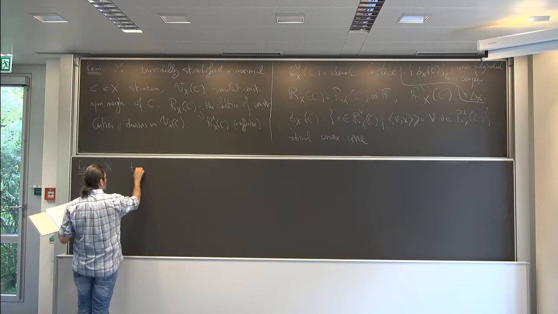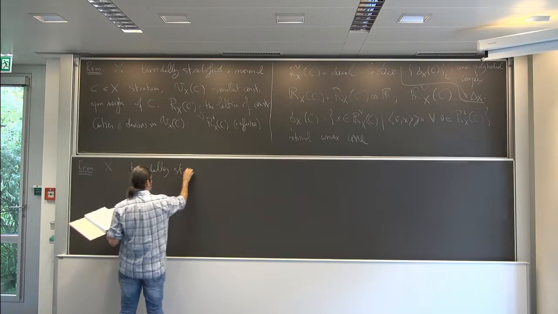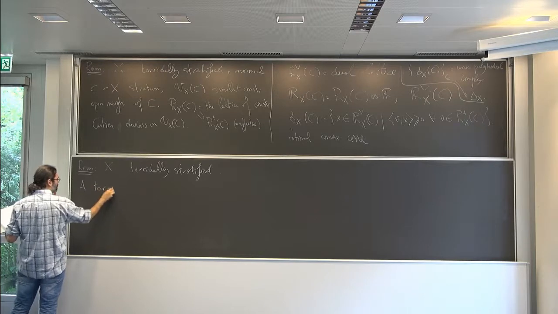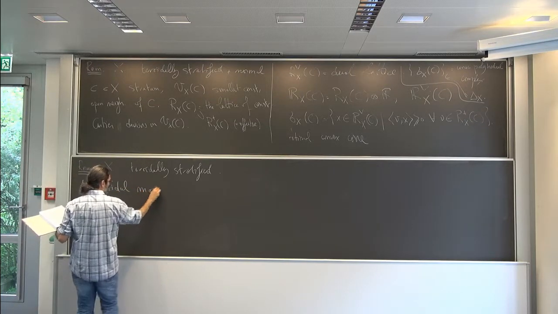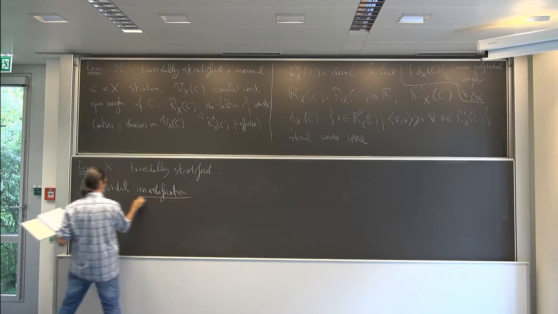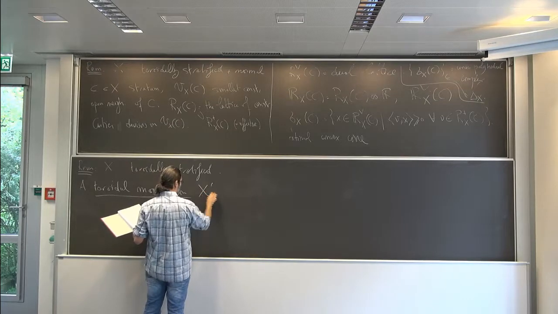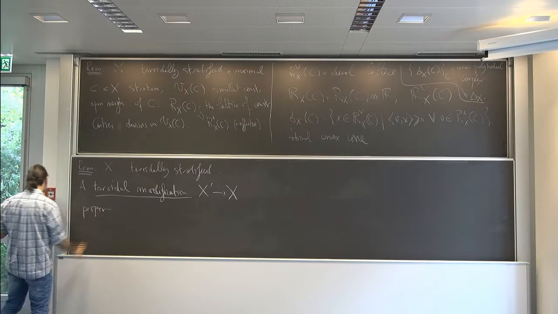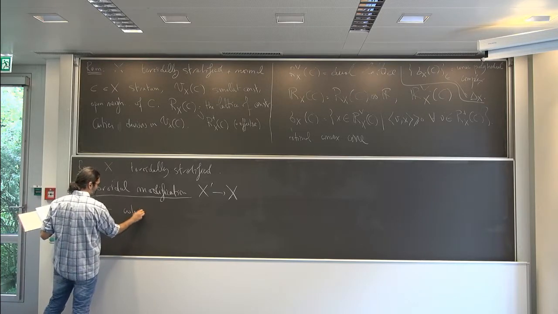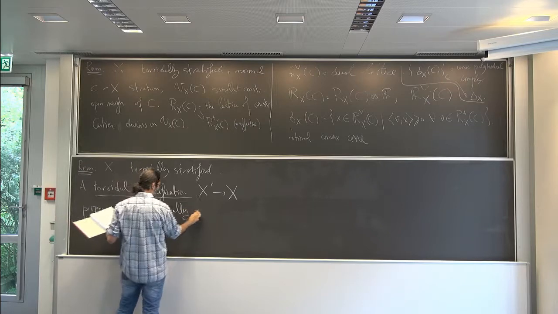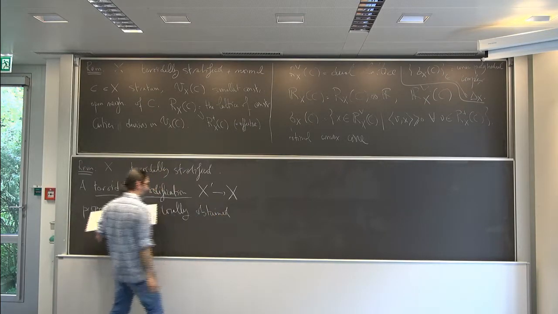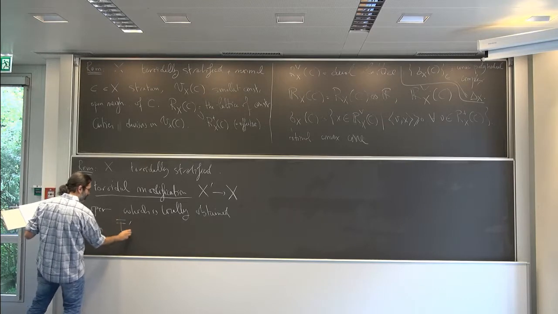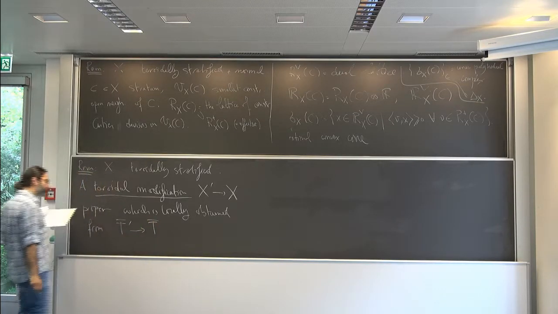We start with X toroidally stratified, and a toroidal modification of X is a morphism X' to X, which is proper, and which is locally obtained by pulling back via a morphism of torus embeddings like this.